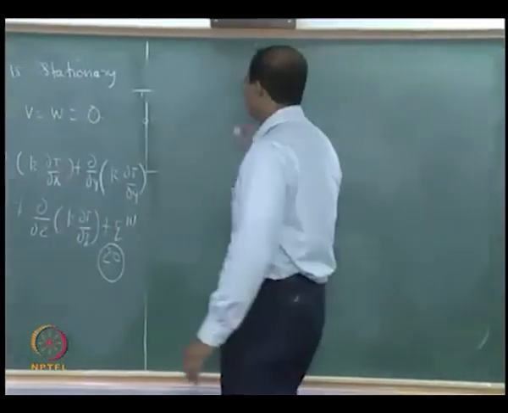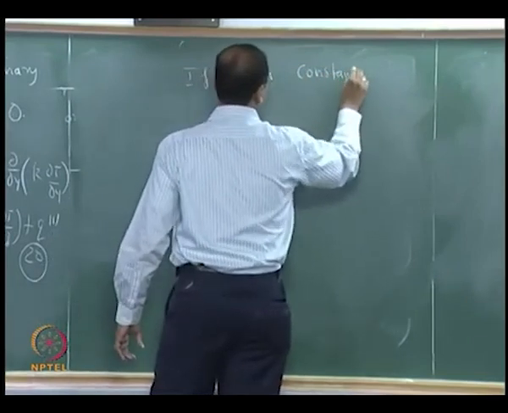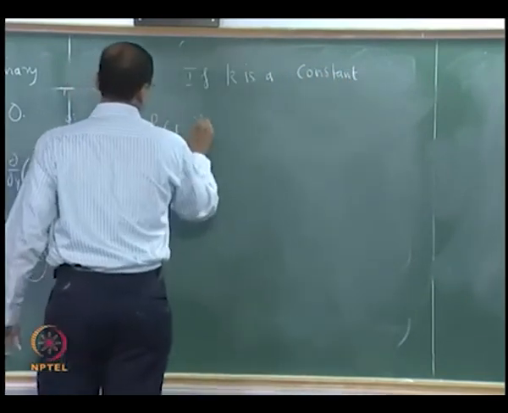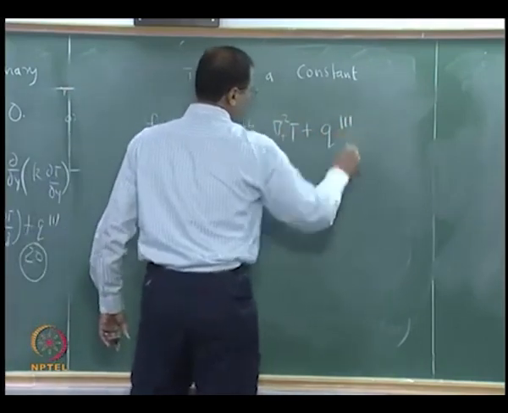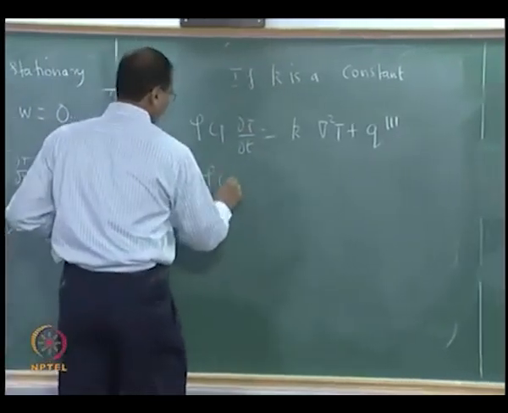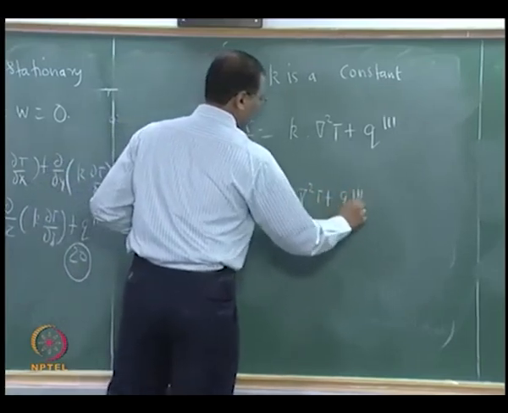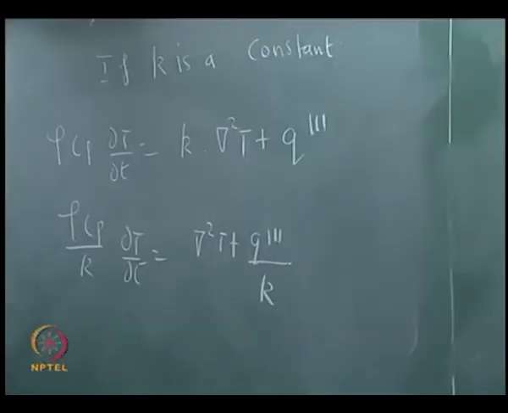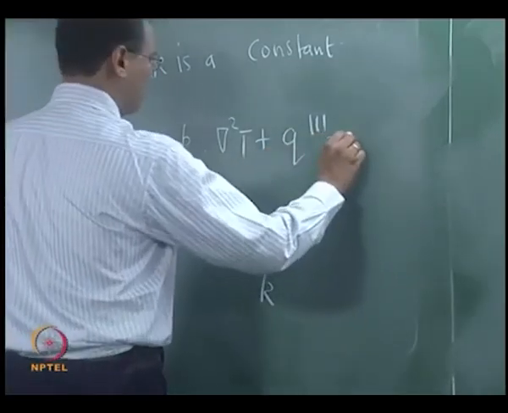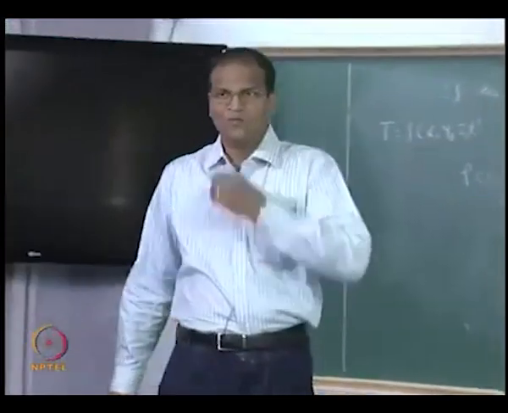If k is a constant, is it okay? So what is k by rho Cp?